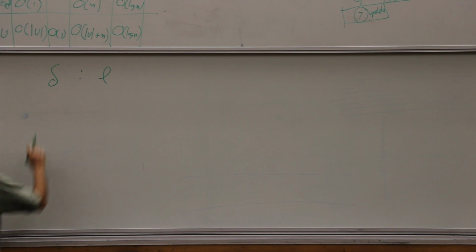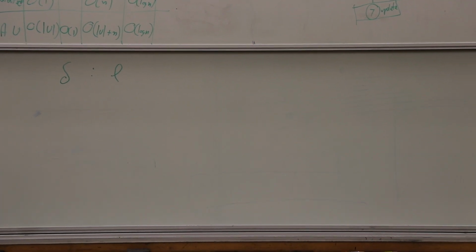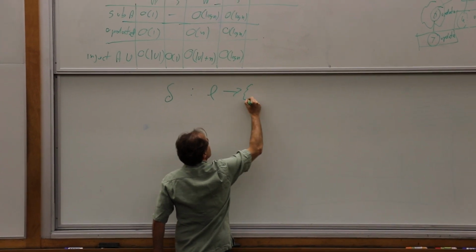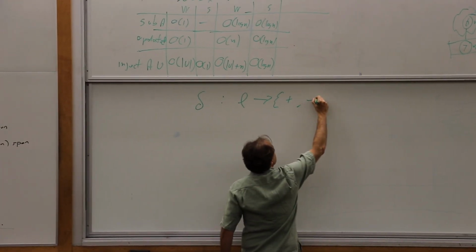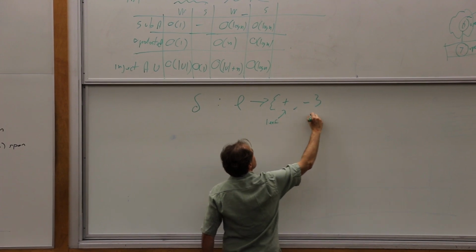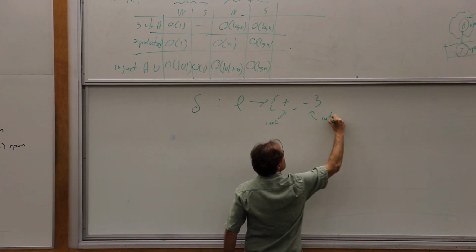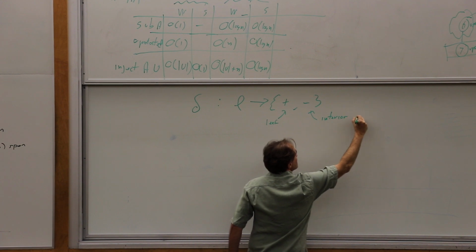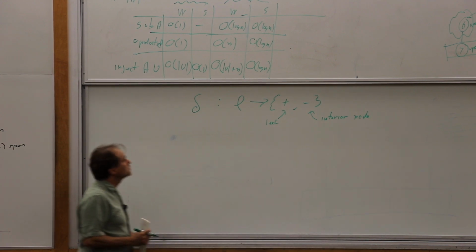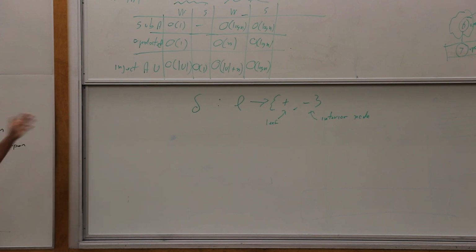And we're going to attach to it a mapping from labels to either plus or minus. A plus is a leaf, and a minus is an interior node. And then, depending on whether it's a leaf or interior node, we're going to pay one of those two costs.